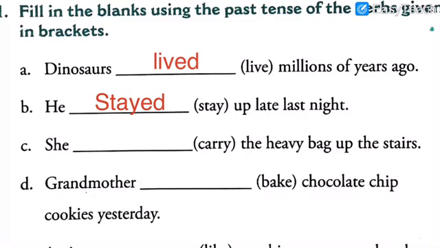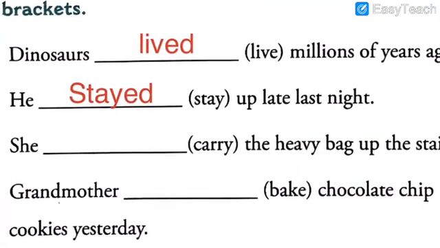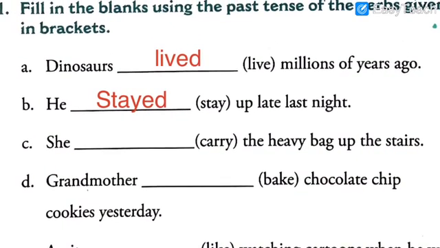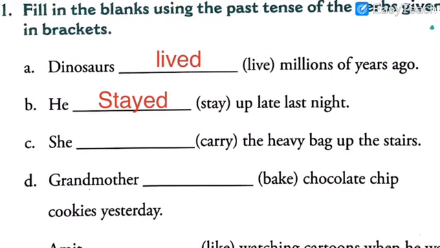Next is, she carried the heavy bag up the stairs. Now again the verb is ending with Y. Let us check whether before the Y, a vowel is there or a consonant is there. Here before Y, R is there. R is a consonant. R is not a vowel. So if a consonant is there, what do we have to do? We have to change Y and place IED.